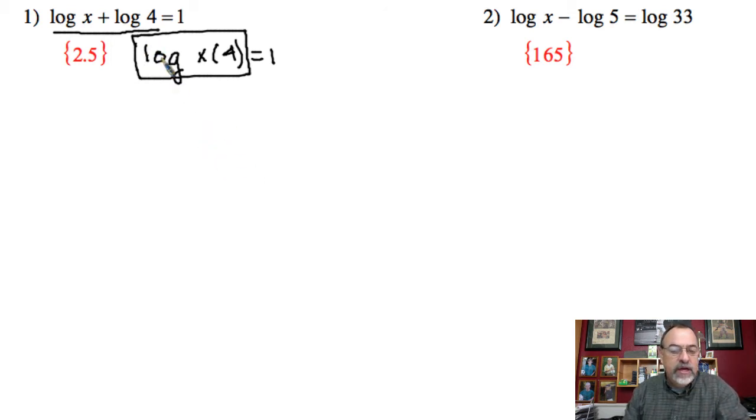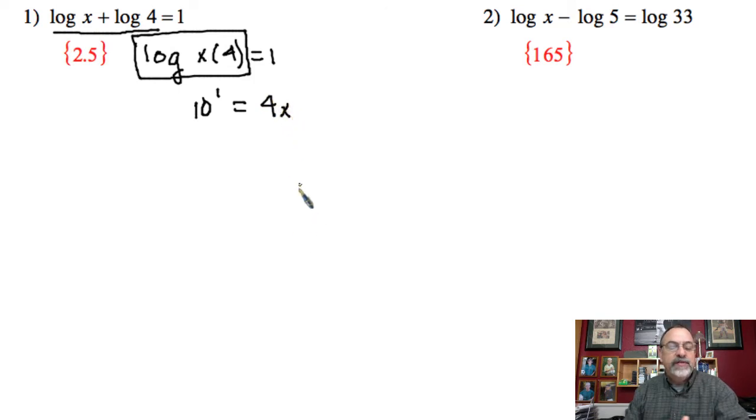So remember, this logarithm, we can verbalize it by saying, what is the exponent of the base? We have the exponent over here on the right side. So we have the base is a 10. What is the exponent? Well, it's over here, it's a 1. So 10 to the first is going to give me this value here, 4x.